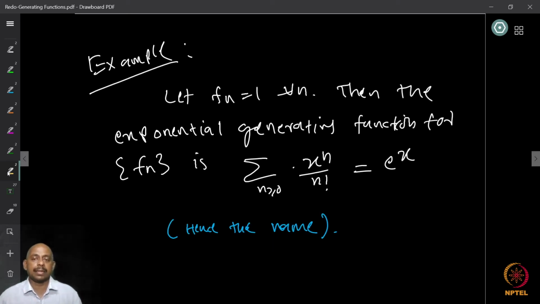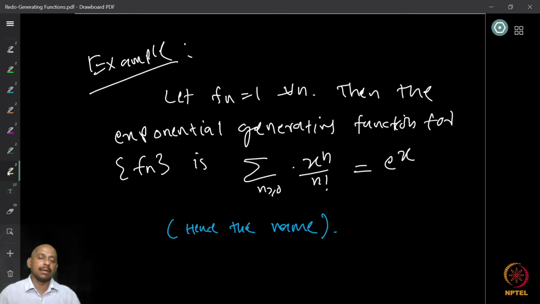So let's look at a slightly different example to begin with. We have the example f_n equal to 1 for every n. So we take the constant sequence, even though it doesn't grow fast. I divide by n factorial everywhere, so I have the summation of f_n by n factorial times x^n, which, as you know from basic calculus, is the series expansion for e^x.